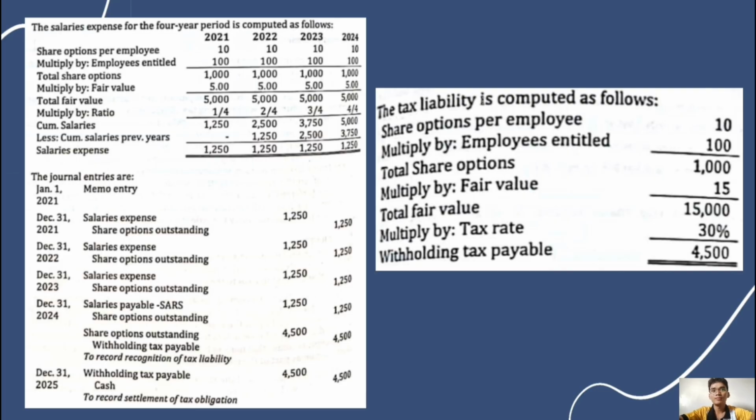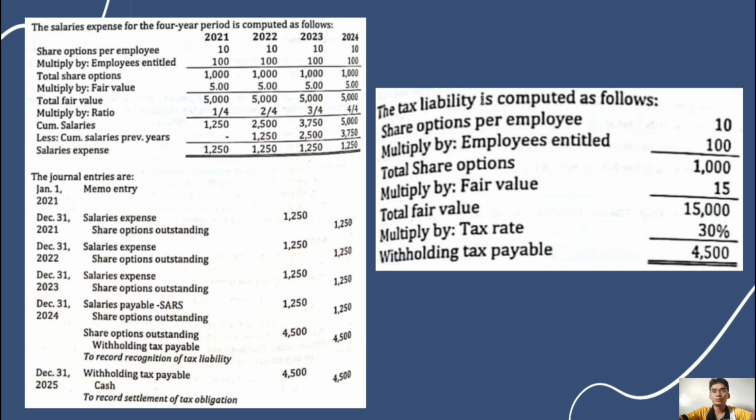Similar entries are made for 2022 and 2023. Final year recognition 2024. The last portion of the compensation is recorded on December 31, 2024. Salaries expense 1,250 debit and share options outstanding 1,250 credit.